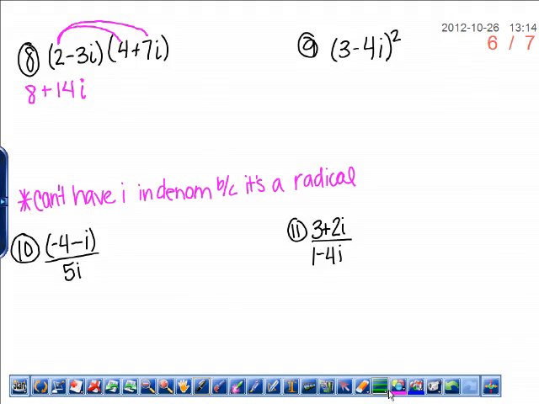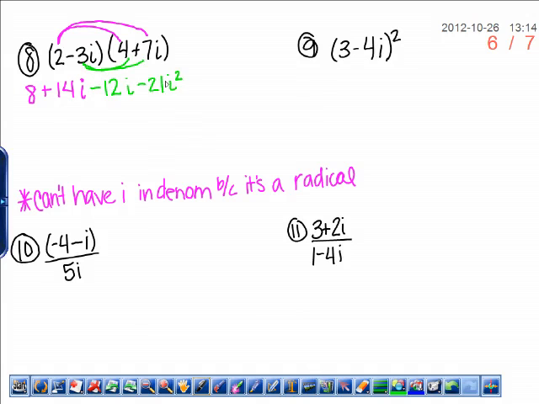Now distribute your negative 3. Minus 3i times 4, minus 12i, and negative 3i times positive 7i, minus 21i squared.